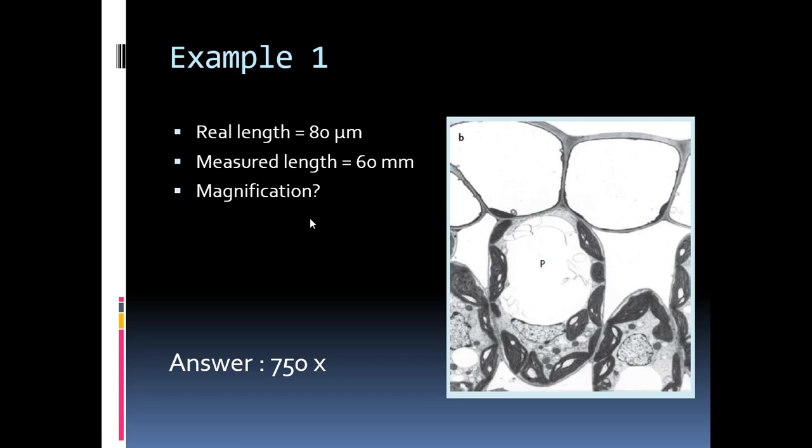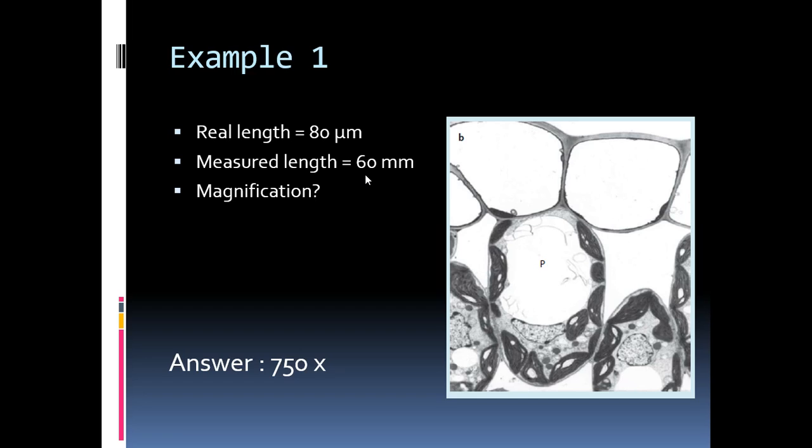If it was me, I would change the millimeter to micrometer and then plug in all the figures into the formula. So 60 millimeter is equal to 60,000 micrometer, right? Because I've given you the list of conversion just now. 1 millimeter is equal to 1,000 micrometer.